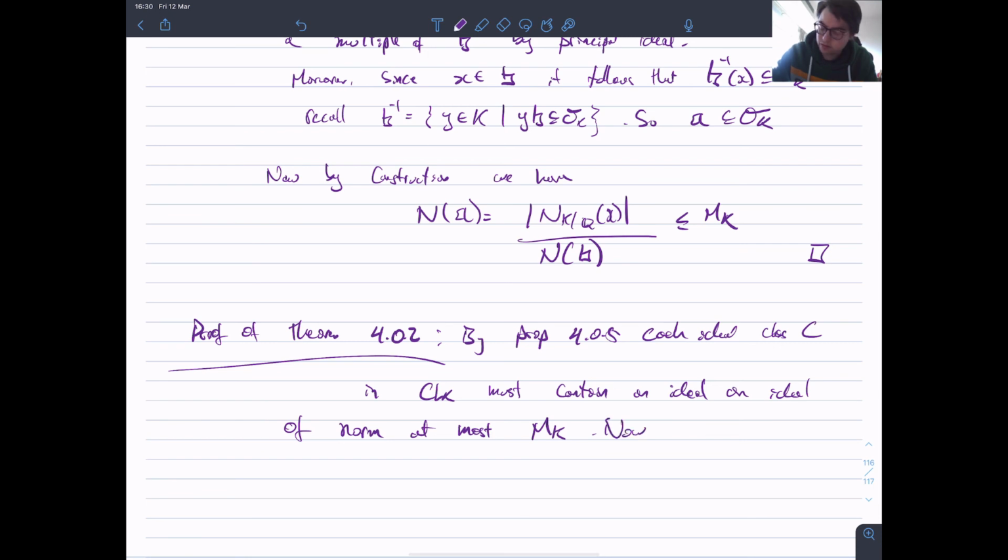Now, by the corollary we talked about before, corollary 3.4.10, there are only finitely many ideals of any given norm.